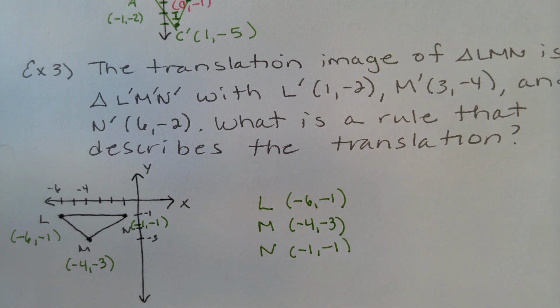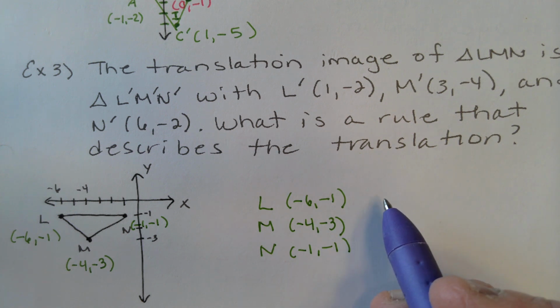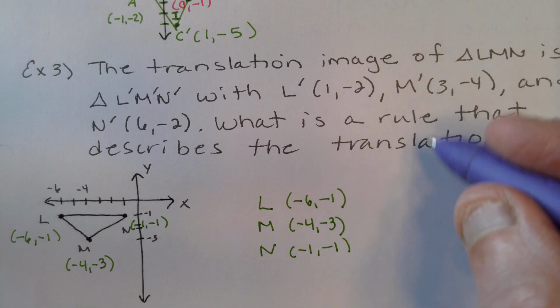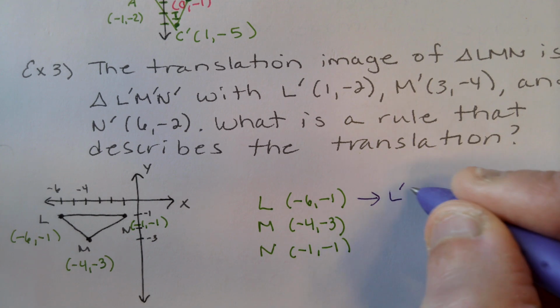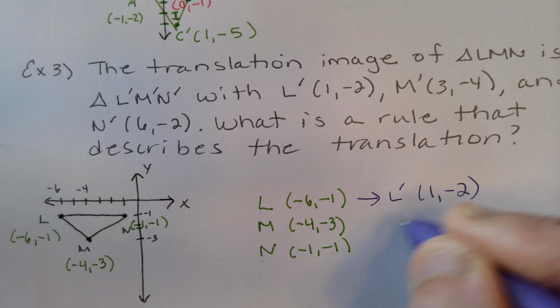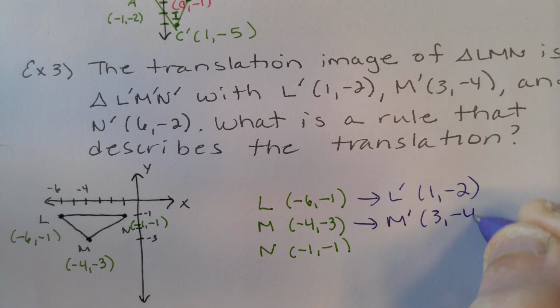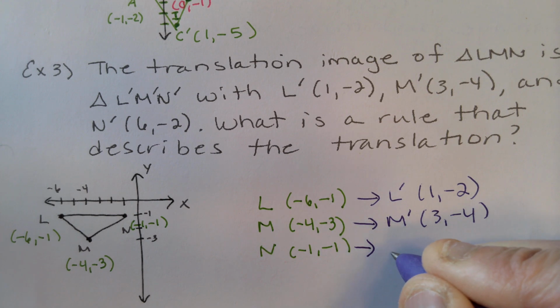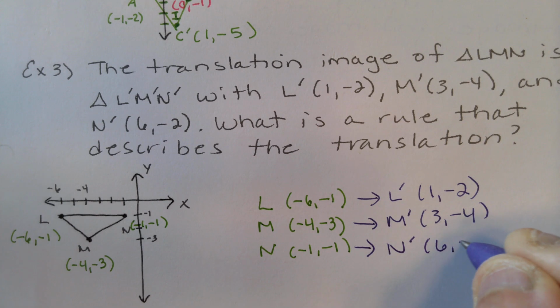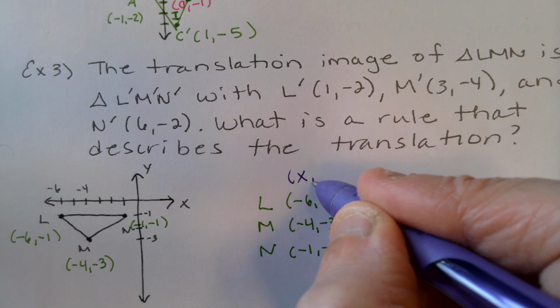All right, and then we will, well, geez, we also have these. So we have our L prime, which is 1, -2, and we have our M prime, which is 3, -4, and we have our N prime, which is 6, -2, and you guys need to get this.